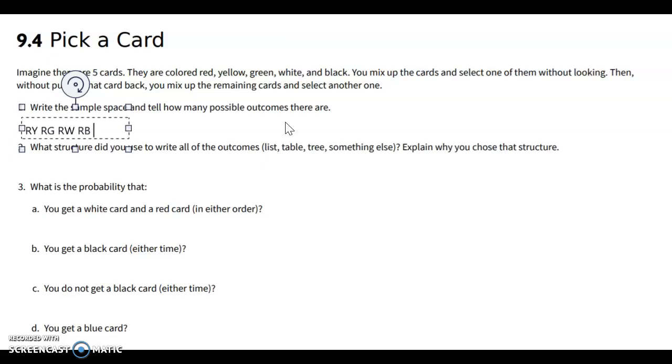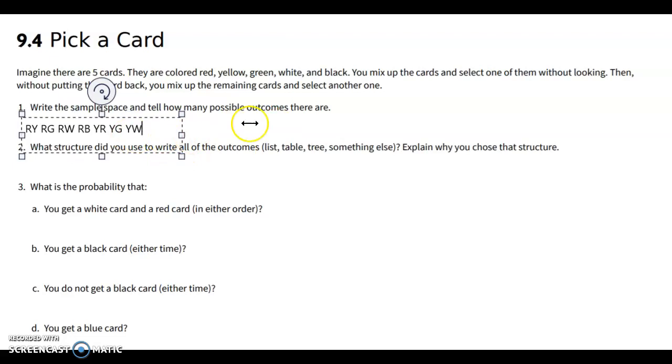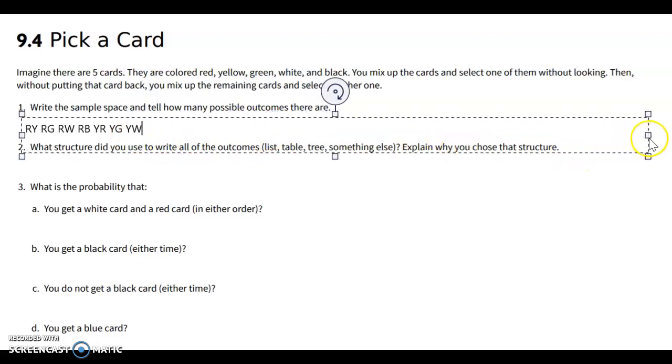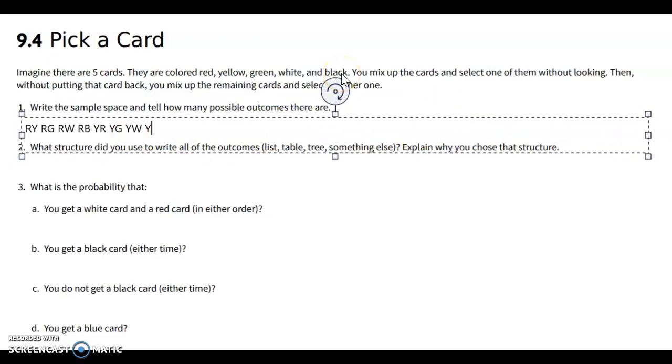Now the next one, say we pick yellow first. Then we can put yellow, red, yellow, green, yellow, white, or yellow, black.